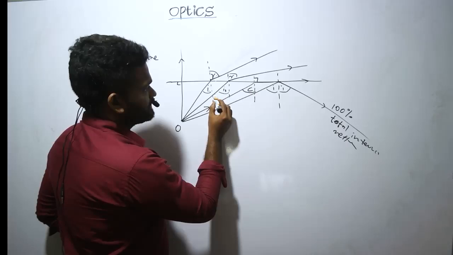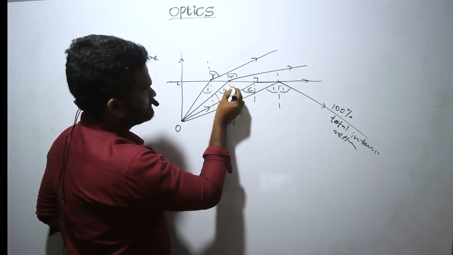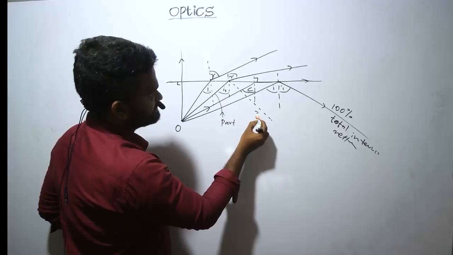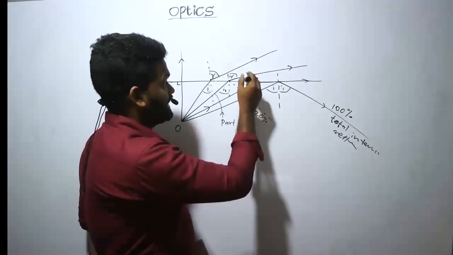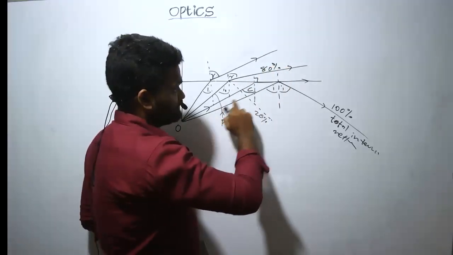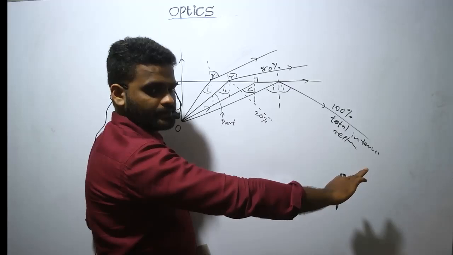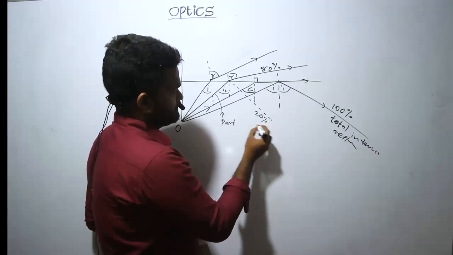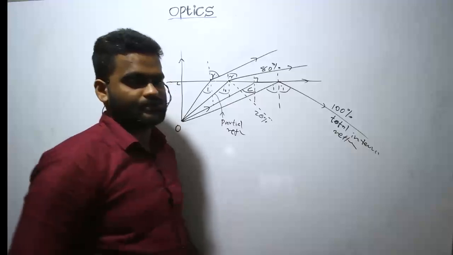Other rays have partial reflection. It always happens, about 20% reflection and 80% refraction. But only for this one is there 100% reflection. So these are partial reflection, and this is total internal reflection.